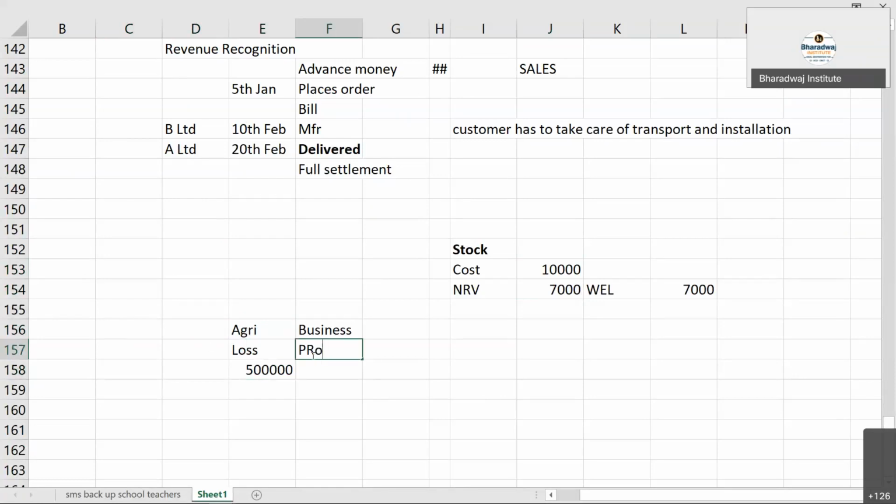In business, he is having a profit of 20 lakhs. Now, for the purpose of filing income tax return, what is the total income of the person? 20 lakhs is the profit, 5 lakhs is a loss. Total income of the person is 15 lakhs. While filing the income tax return, he files that in agriculture, there is a profit of 20 lakhs.